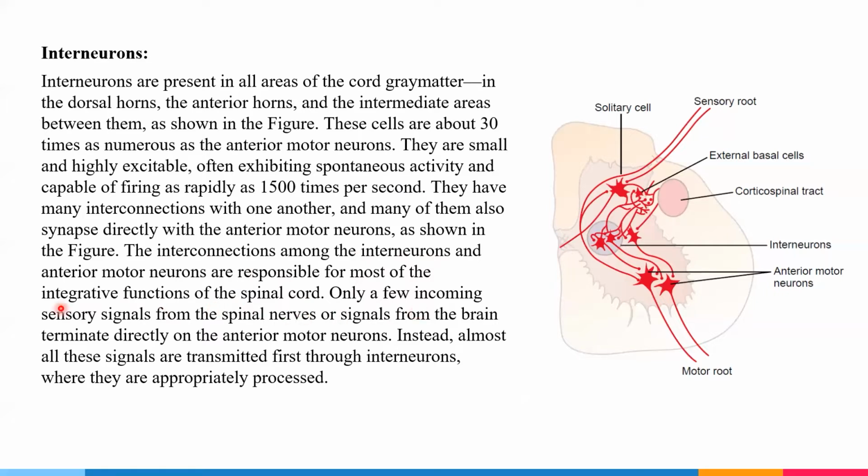Only a few incoming sensory signals from the spinal nerves or signals from the brain terminate directly on the anterior motor neurons. Instead, almost all these signals are transmitted first through interneurons where they are appropriately processed. So the interneurons essentially serve as messengers, and the signals that come via the sensory nervous system have to pass through these interneurons before being transferred to higher motor centers.